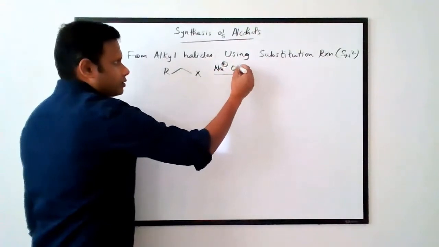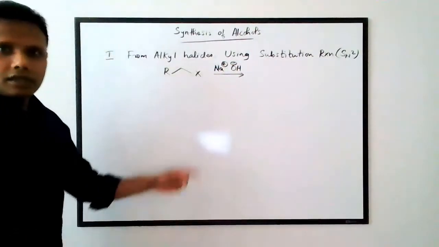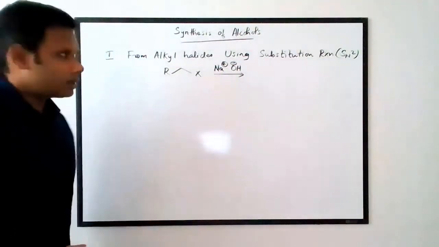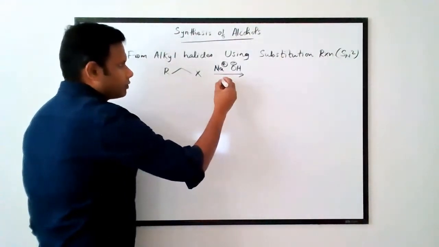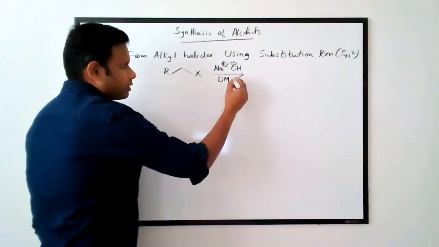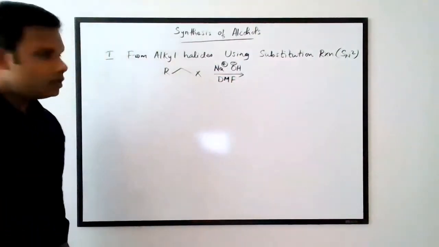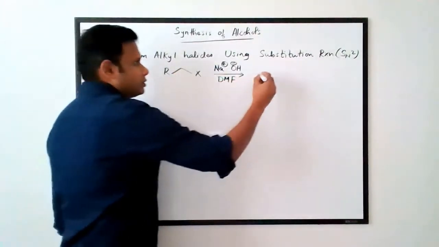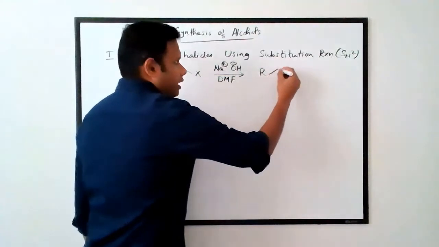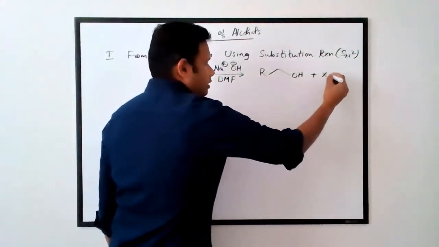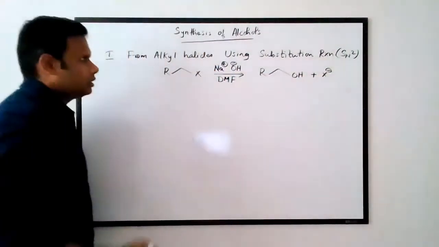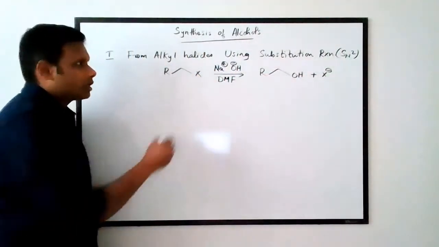So when we react it with sodium hydroxide, that's a strong nucleophile. And if you do this reaction in a polar aprotic solvent, for example DMF, then we can do an SN2 reaction where this halide would be substituted by that hydroxide, and our product is going to be an alcohol.